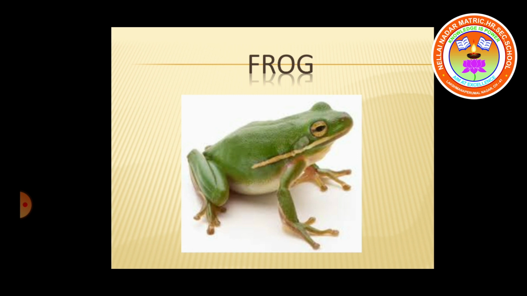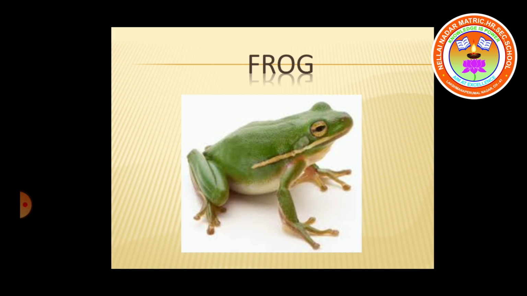The larval stage of the frog respires with the help of gills. So when the frog is in the larva stage, how does it respire? With the help of gills. And the adult frog respires through its lungs, skin and buccopharyngeal region. All these are special or unique adaptations of the frog.